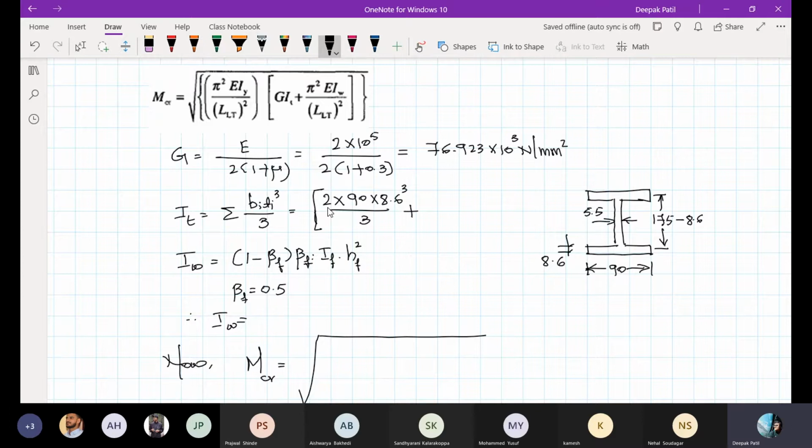The web's larger dimension is 175 minus 8.6, multiplied by the thickness of web, 5.5 cube, divided by 3. That is b t cube divided by 3. So the torsional constant comes out to be 47.39 into 10 raised to 3.